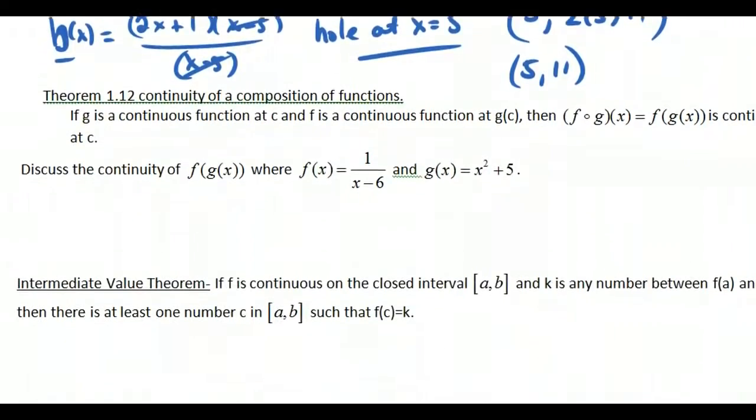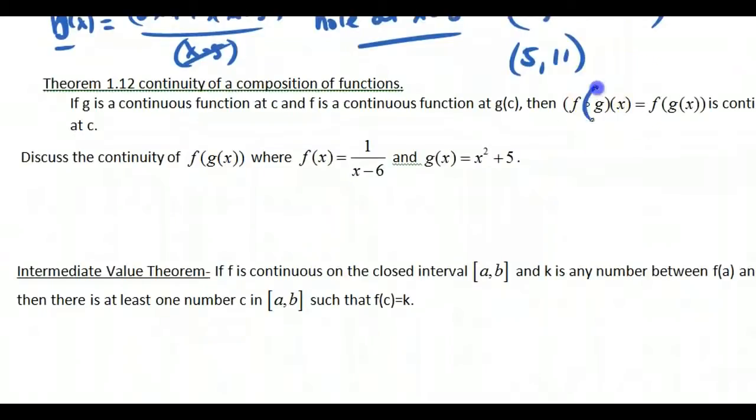Composition of functions. This one, remember that this g is inside the f function. And so you can do it one of two ways. You can look at what you plug in and see if it satisfies the domain of the function that you're plugging into. Or you can just do a composition of functions and look at the overall domain.